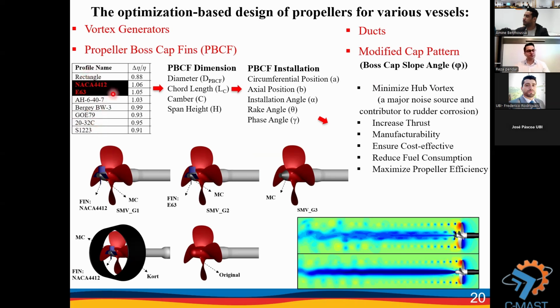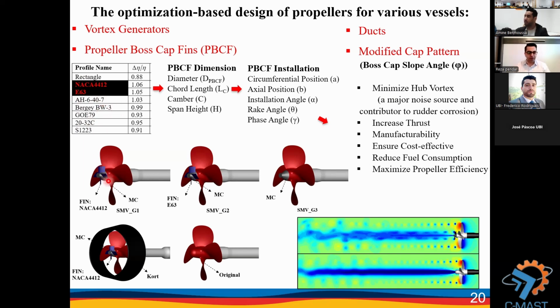Normally, in small-size industries, they use just a simple rectangular fin pattern. What we did, we analyzed different fins. These 9 patterns of fin, which we considered, have the maximum lift to drag ratio.